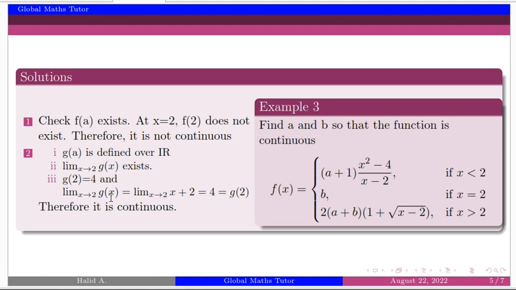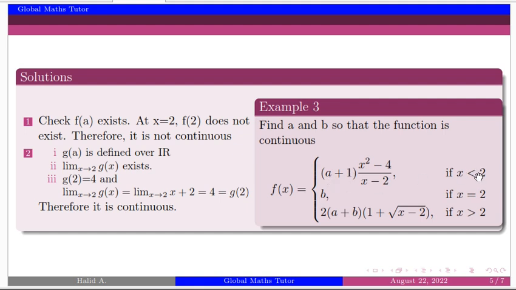Okay, let's see a third example. Find a and b so that the function is continuous. If this function is to be continuous, then the limit at each value must be defined, and the limit must also exist and be equal to the defined function value, as we discussed before.